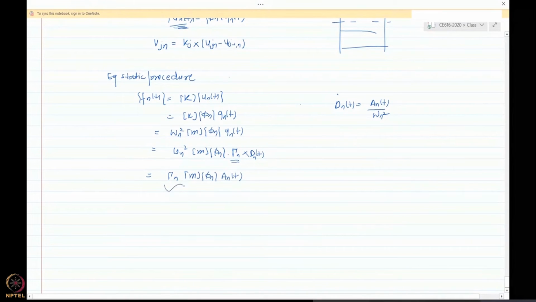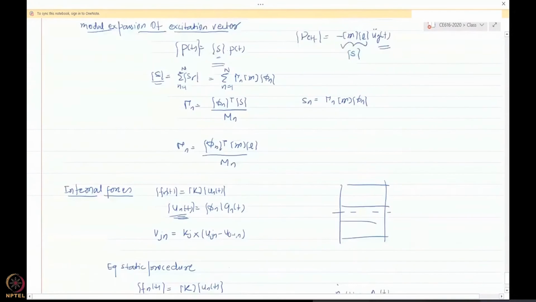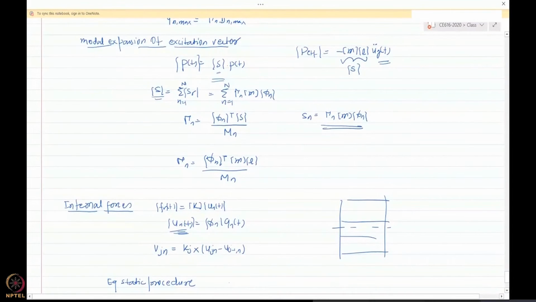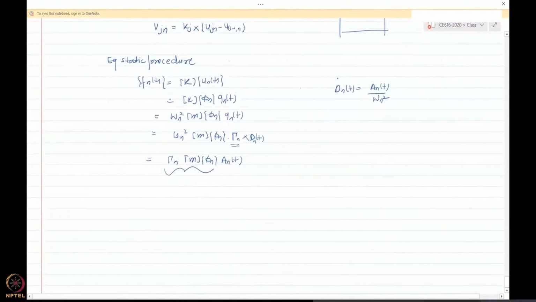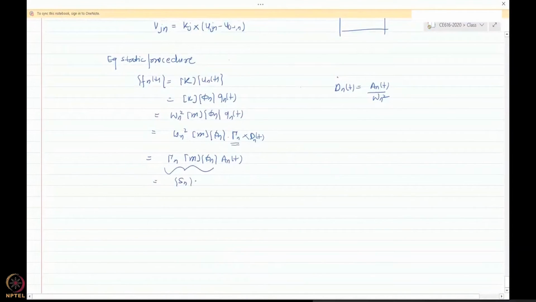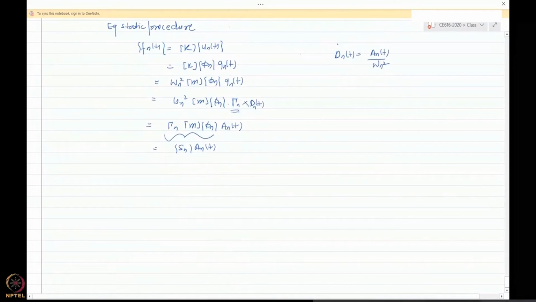So this would become An(t). Now what is this expression here? This is nothing but Sn An(t). So if you have found out the decomposition of mass times L vector, which is basically S, all you need to do in each mode is multiply with the modal acceleration An(t), and that will give you the equivalent static forces.